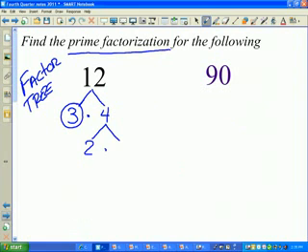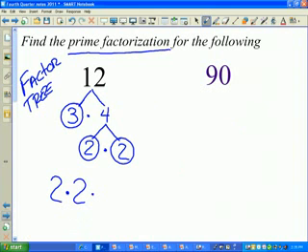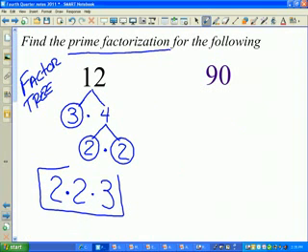And we can actually break that down again, which will give me 2 times 2. So again, 2 is a prime number, and 2 is a prime number. So if I wanted to rewrite this as a prime factorization, I would go 2 times 2 times 3. This is going to represent the prime factorization of my original number 12.